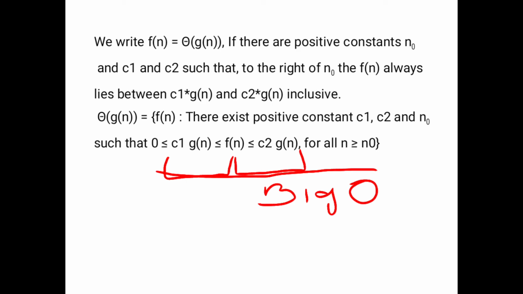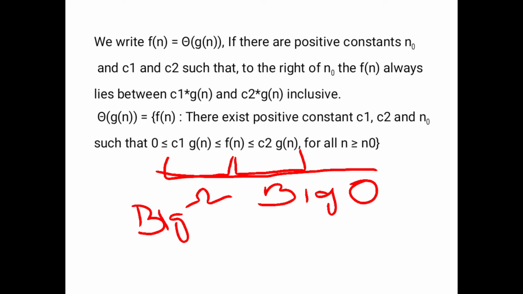Okay, so this is the big omega concept. So this is a criteria. So these two criteria are also satisfied in this case. Okay, so that is the criteria.